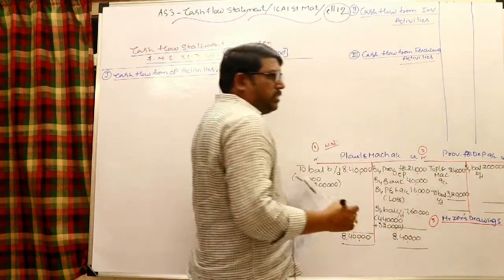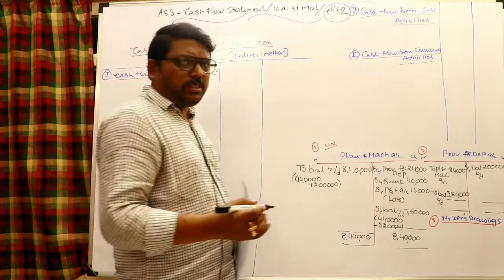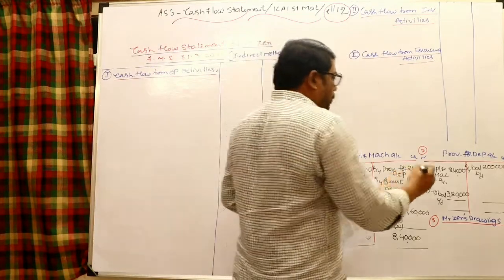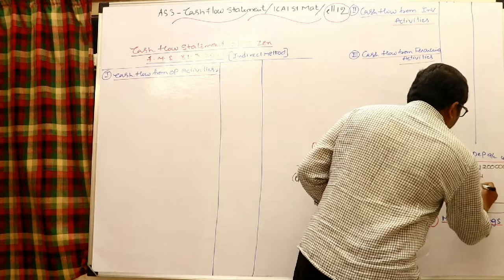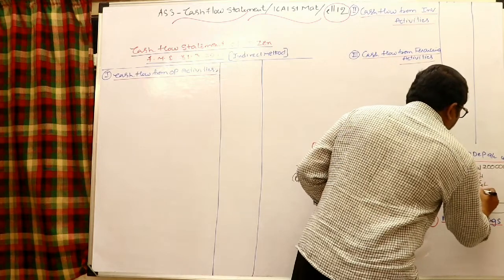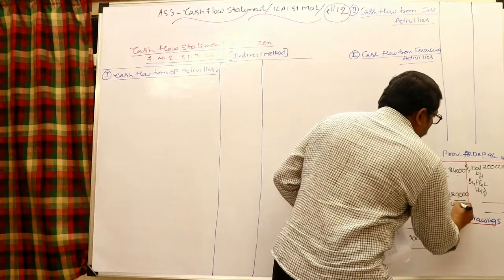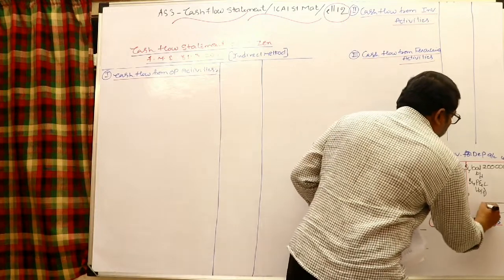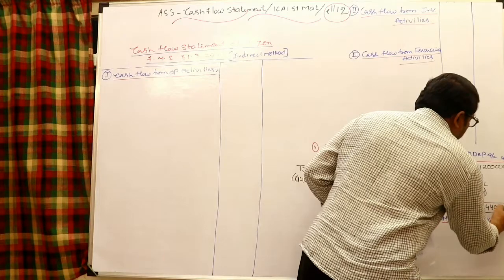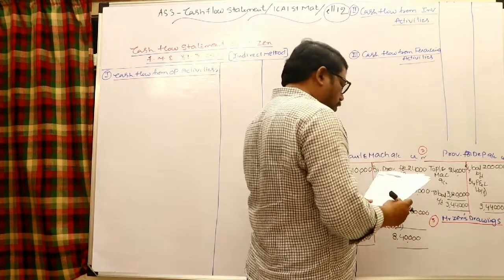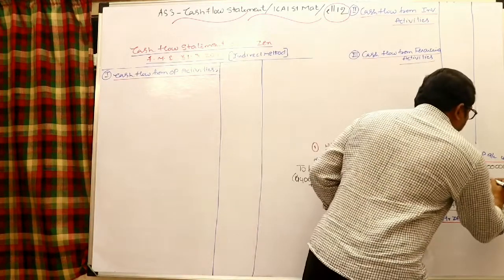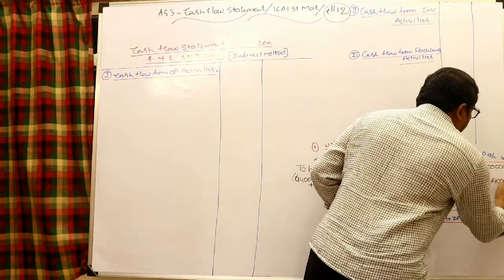For current year depreciation, P&L to provision for depreciation. In the provision for depreciation account, by P&L, as a balancing figure you can work out. By P&L, this is a balancing figure, 3 lakh 44,000 and 1 lakh 44,000 provision for depreciation for the current year.